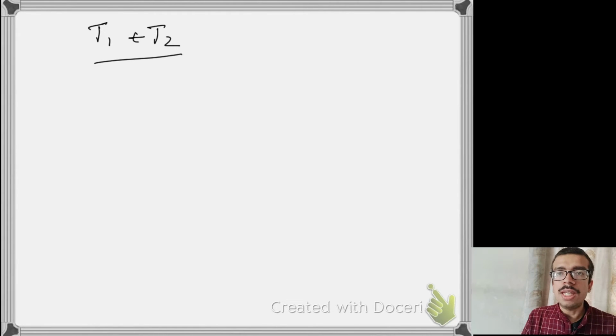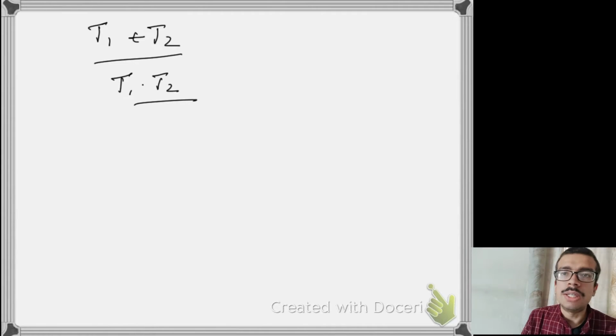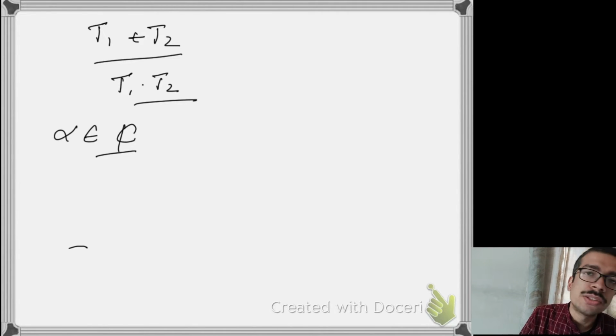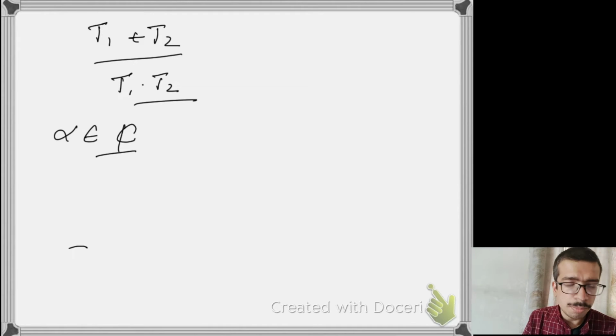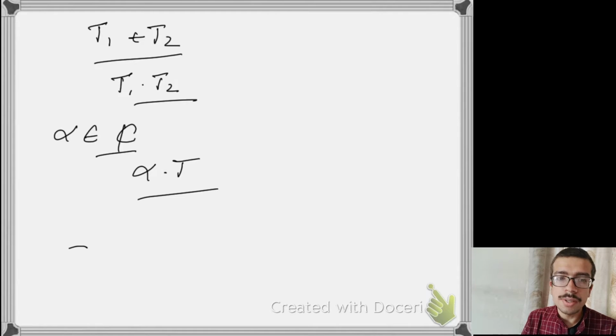Now if I take two linear operators T1 and T2, then I can add them to get T1 plus T2, which is also going to be a linear operator. Not just that, I can even compose two linear operators to get a linear operator. And if I have some element in the scalars, so typically our scalars are complex numbers, then alpha times T is also a linear operator.